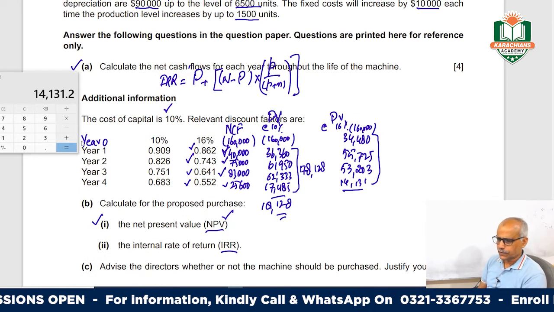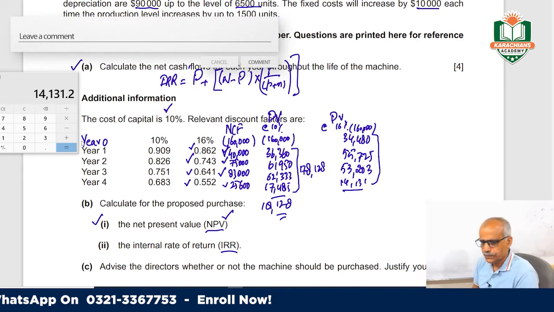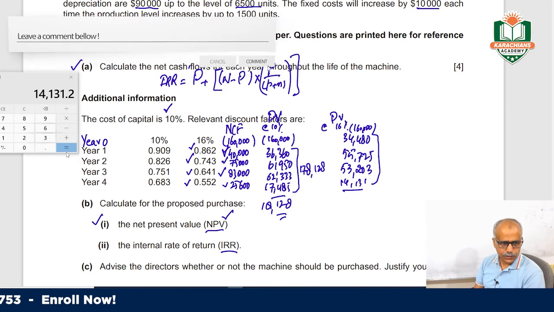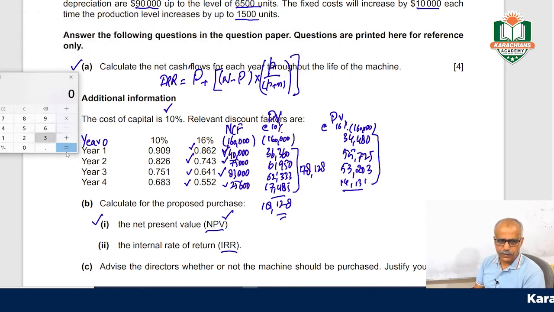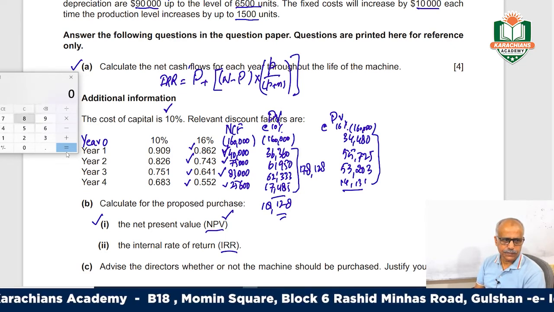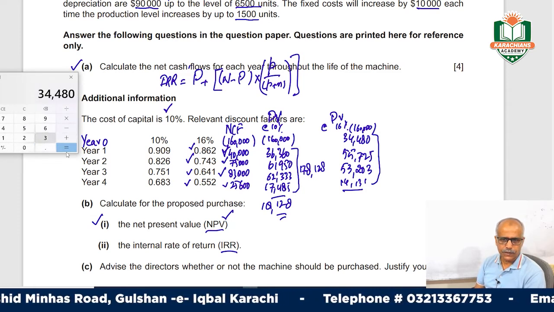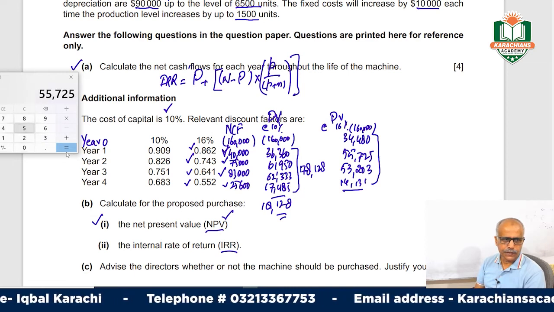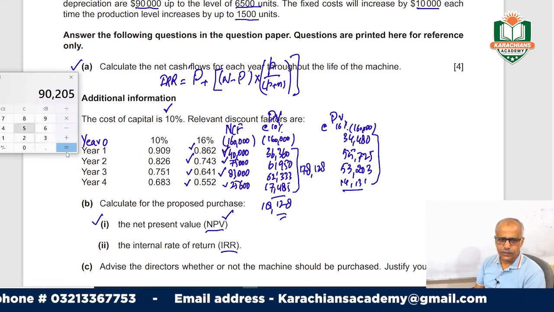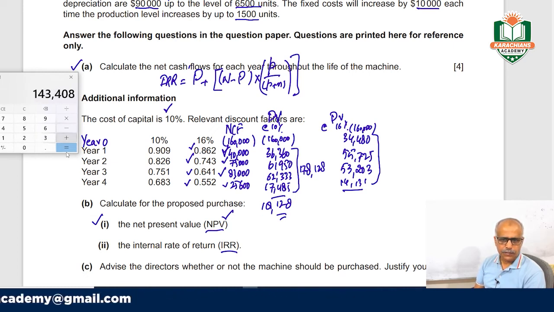How much is this? We will do the calculation: 34,480 plus 55,725 plus 53,203 plus 14,131.